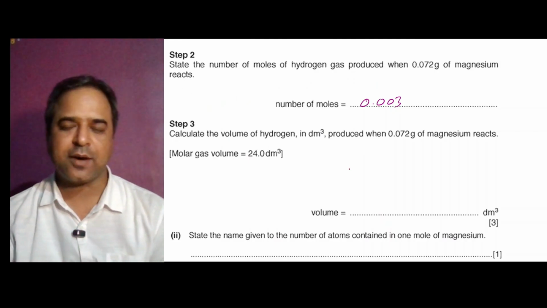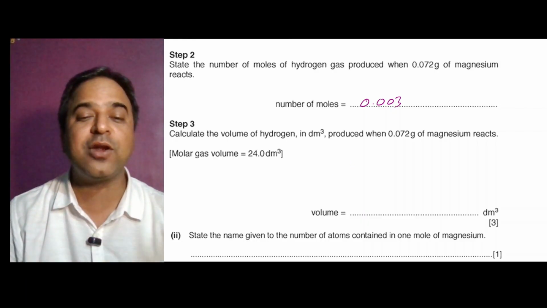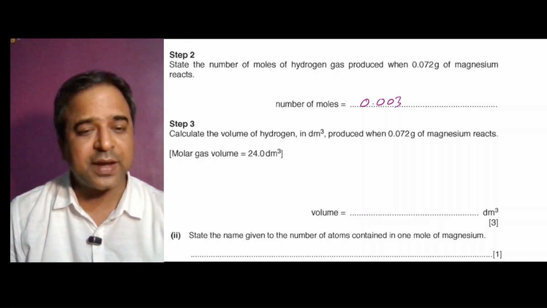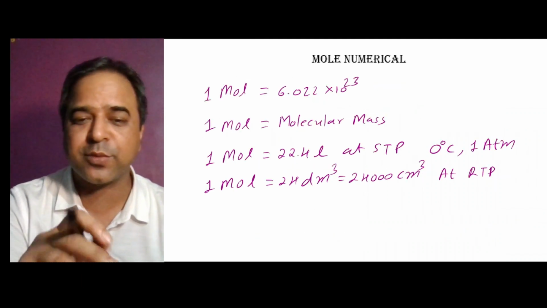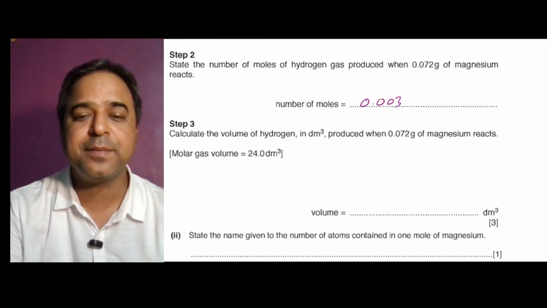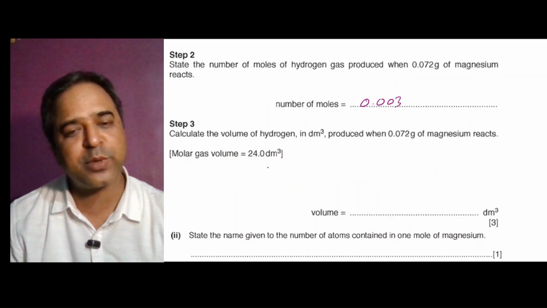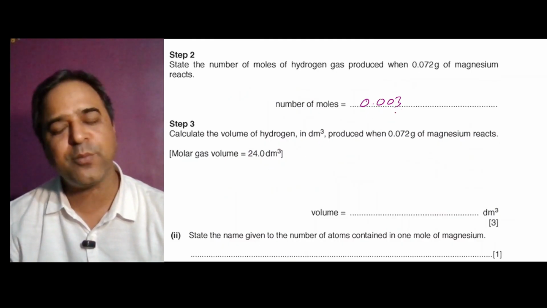Okay. Now, next question, if you see, they are asking, calculate the volume of hydrogen. You are aware that we already discussed this while recapping: 1 mole is 24 dm cube. So our hydrogen is how many moles? It is 0.003 mole.